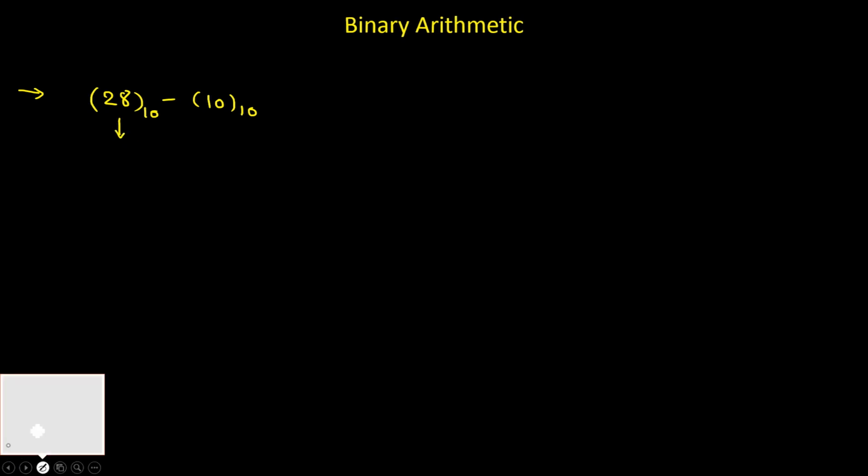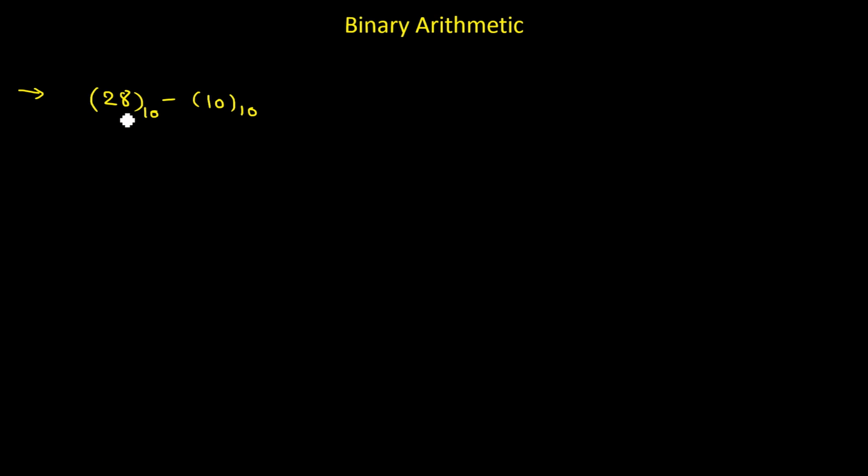For example, we have to subtract 10 from 28, both decimal numbers, using 6-bit first complement representation. As we discussed earlier, first we have to convert both numbers into binary format.